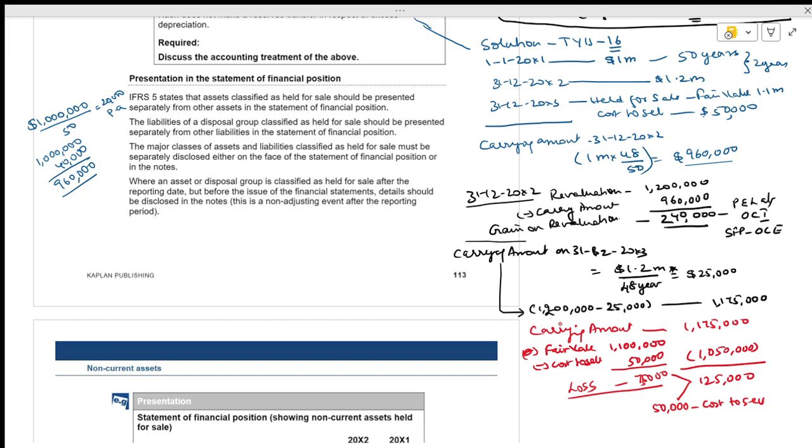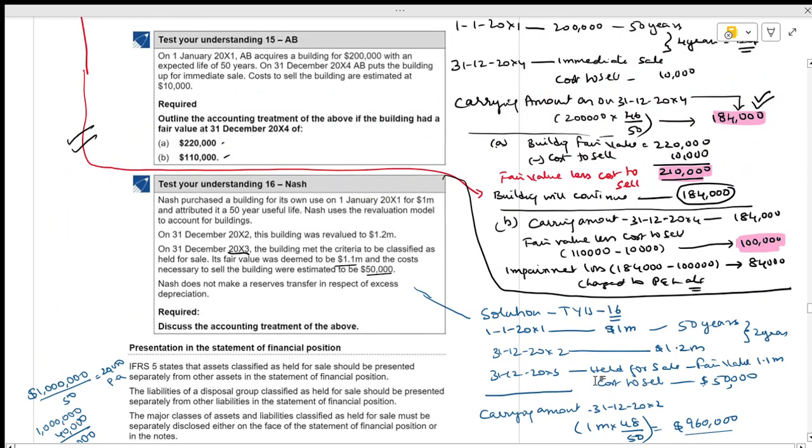It is basic mathematics. Whatever the revaluation amount will be, that will be the basis for depreciation, and subsequently whatever the carrying amount, fair value, cost to sell, deduct it, whether it is plus or minus. According to that, we have to give the treatment. These are important concepts.